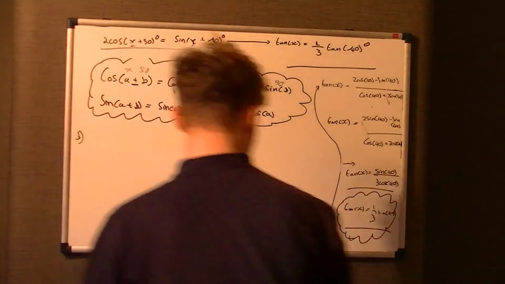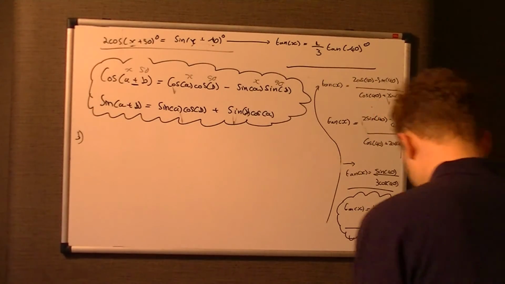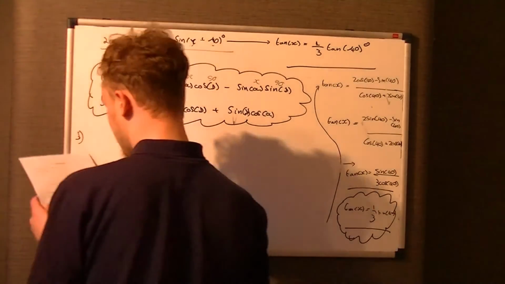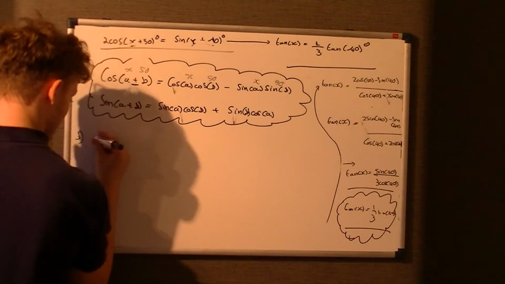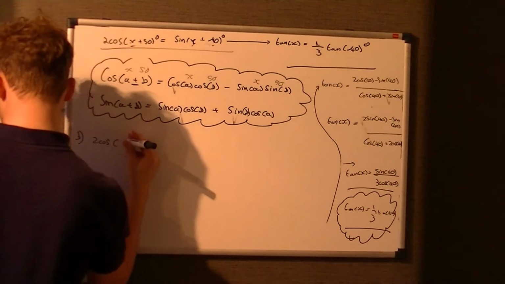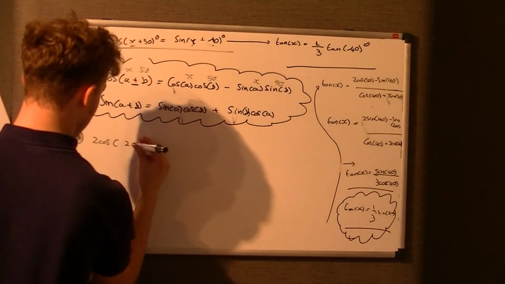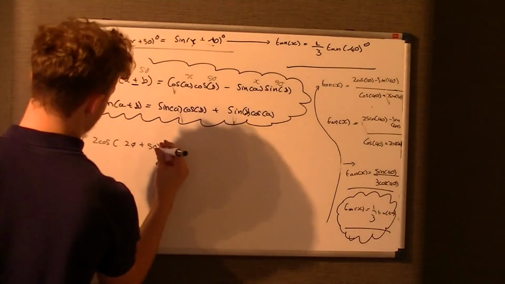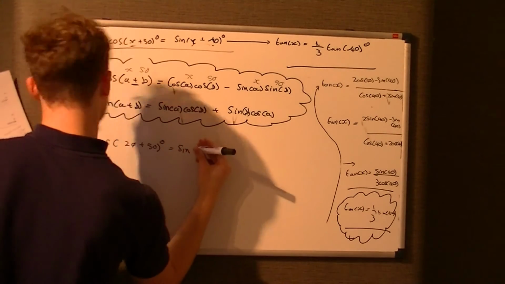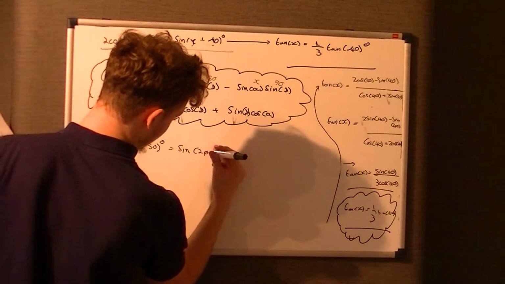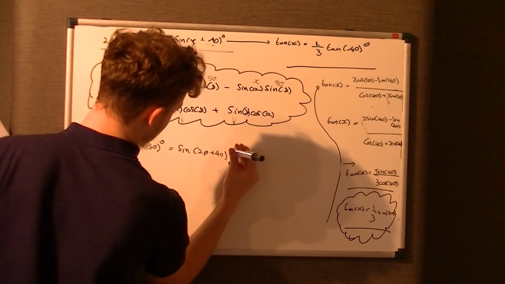So part B, the question says, hence solve, for theta between 0 and 360, 2 cos of 2 theta plus 50 degrees is equal to sine 2 theta plus 40 degrees.